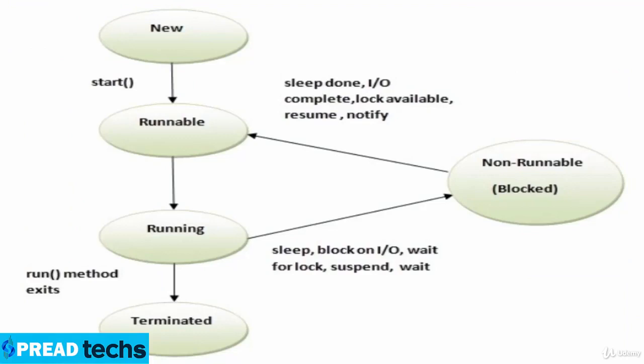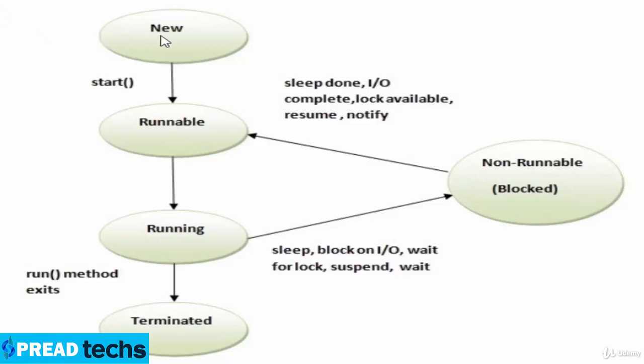Here we take a look at the thread lifecycle in Java. The start method creates the system resources necessary to run the thread, schedules the thread to run, and calls the thread's run method.